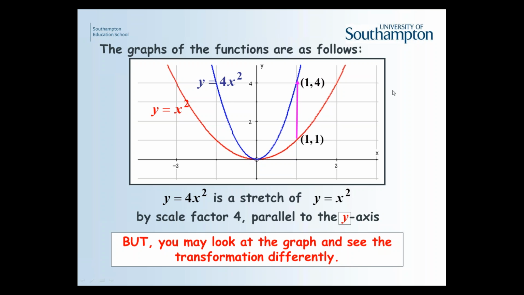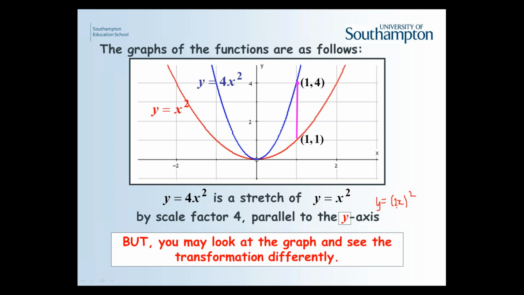However, because of the nature of the x squared graph, I could actually have said that I was going to draw this graph, where if I multiplied that out, that would give me 4x squared, so it would be the same as this graph here.